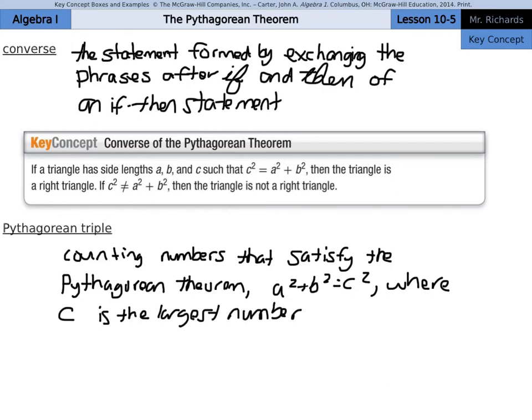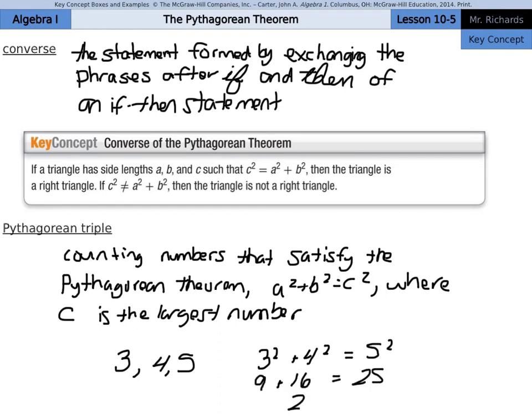And that is important to note, that c is your hypotenuse and that is going to be your longest side. And an example of this are the numbers 3, 4, and 5. Since 3 squared plus 4 squared, does it equal 5 squared? Well, 9 plus 16, 5 squared is 25, so yeah, 25 equals 25. So this is an example of a Pythagorean triple.